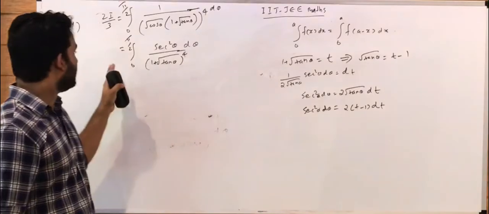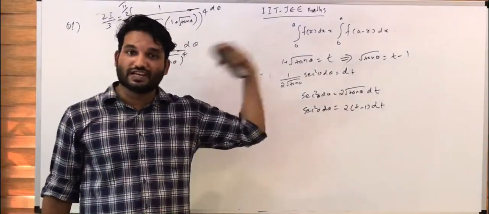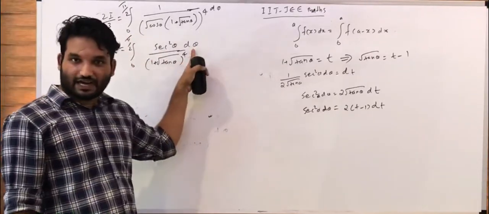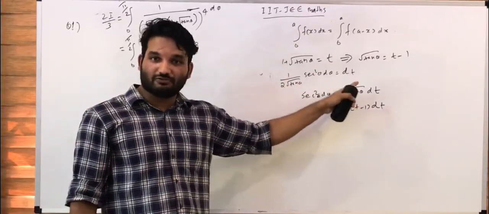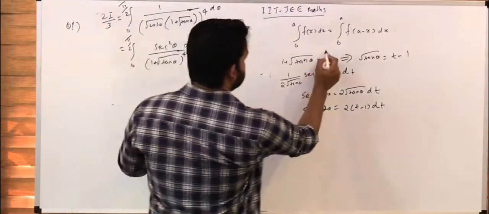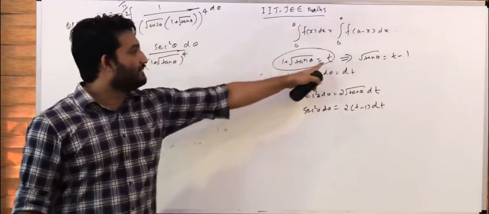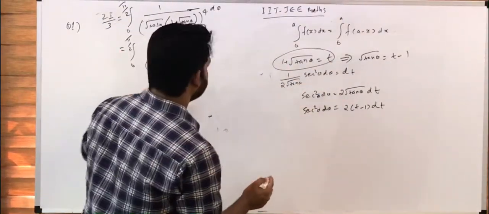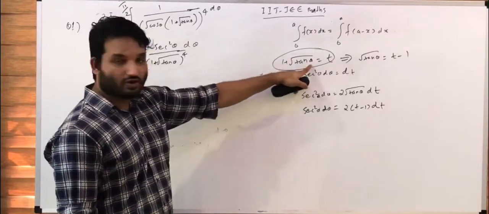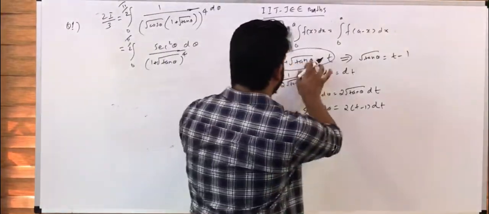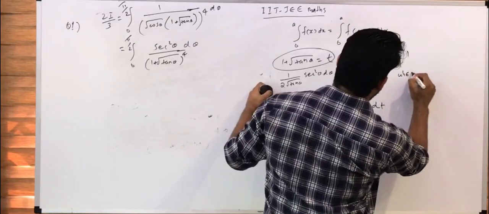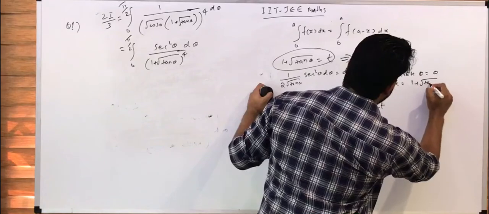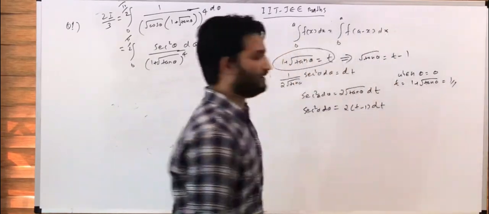So when we change the integral into a new variable, we need to change the limit also, because initially the limit was for theta, now the integral is in the variable of t. So we have to use this equation to change the limits in terms of t. So when theta equal to 0, how can we find t? Substitute theta equal to 0 here. When theta equal to 0, t is equal to 1 plus root tan 0, that is equal to 1.